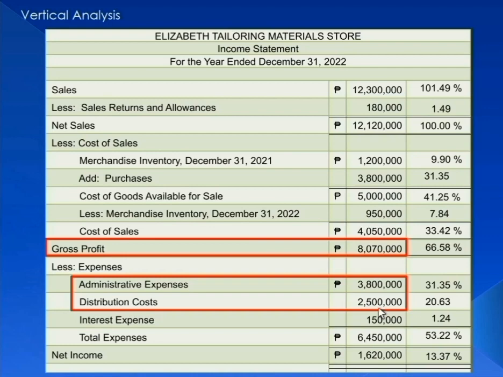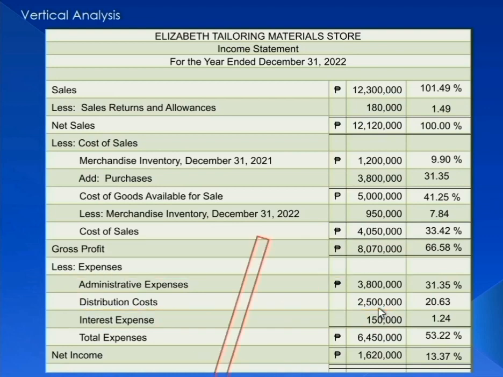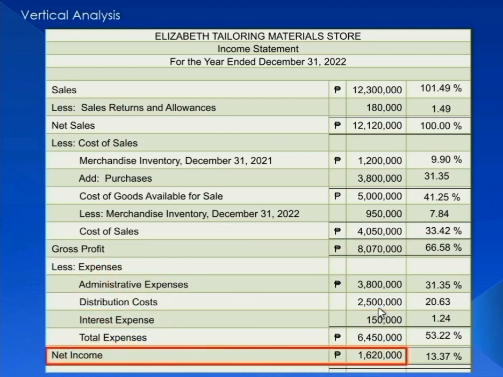The second way to compute for that 1,770,000 numerator is the net income of 1,620,000, then add back the income tax, although there is none in this income statement, and also add back the interest expense of 150,000.